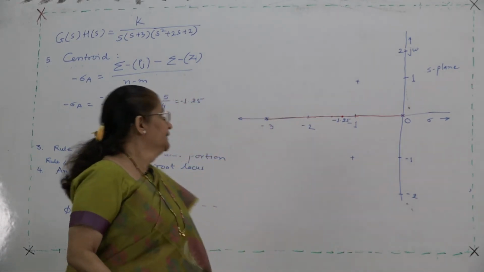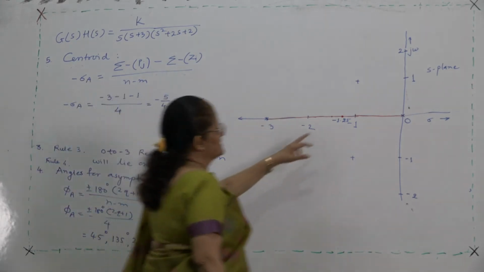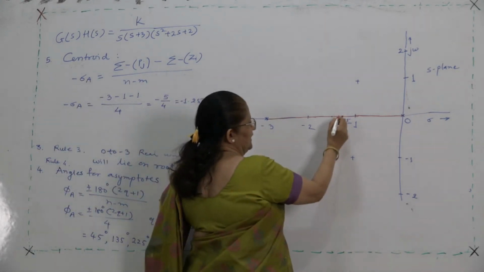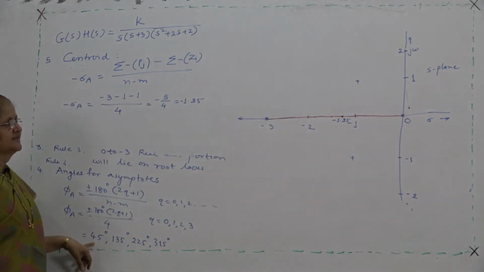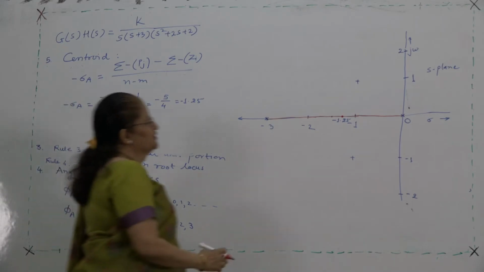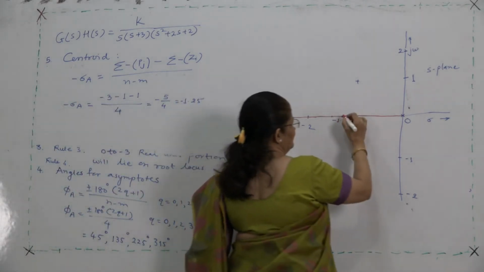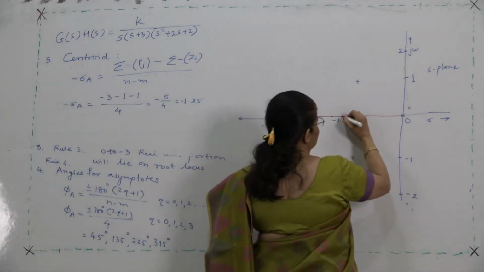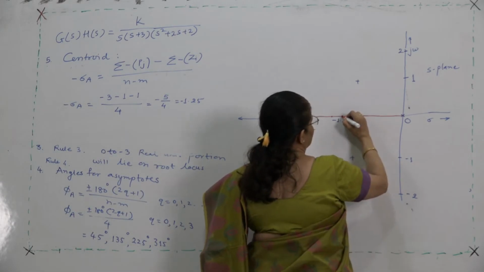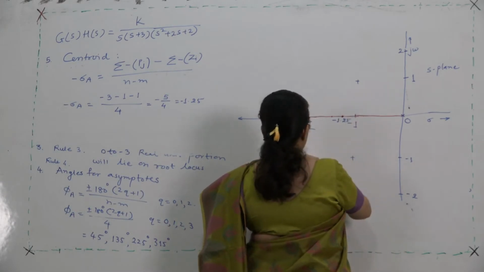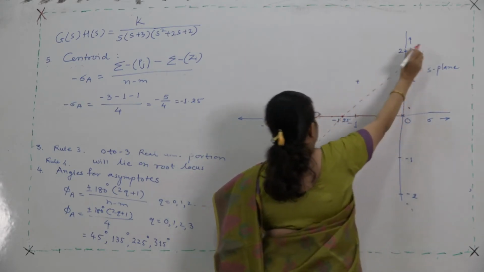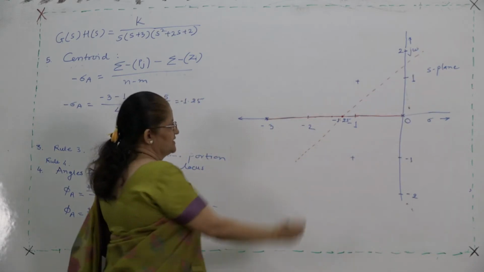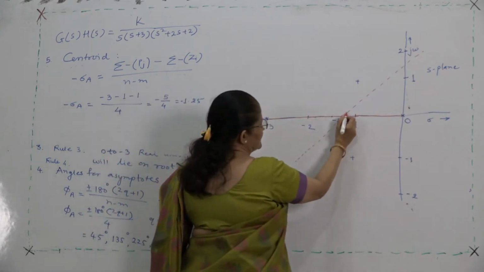Okay. Now, from this centroid minus sigma A, you draw a line at 45 degrees. How will you draw? Use the protractor and draw a line at 45 degrees. Approximately I am drawing, you can draw it perfectly.